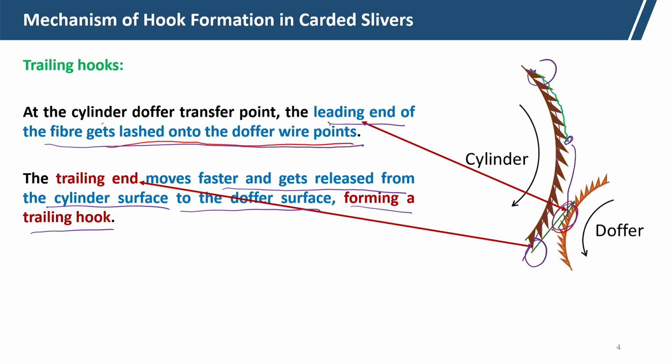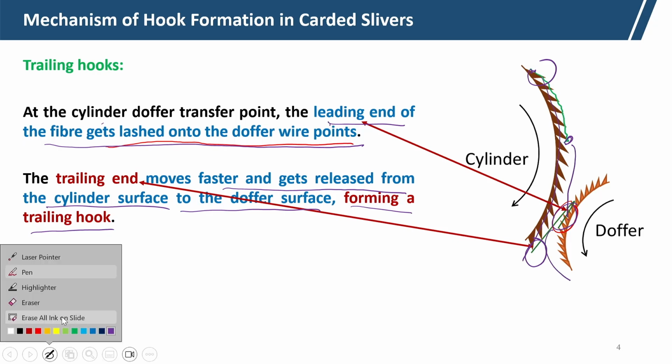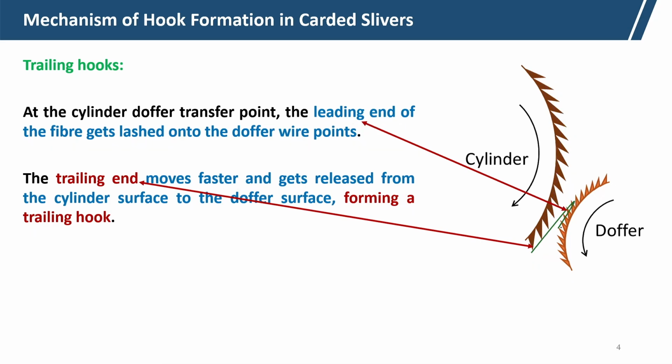So, this is released here. The leading end is first lashed into the doffer surface, and the end which was trailing is actually coming at high speed and forms in this fashion.